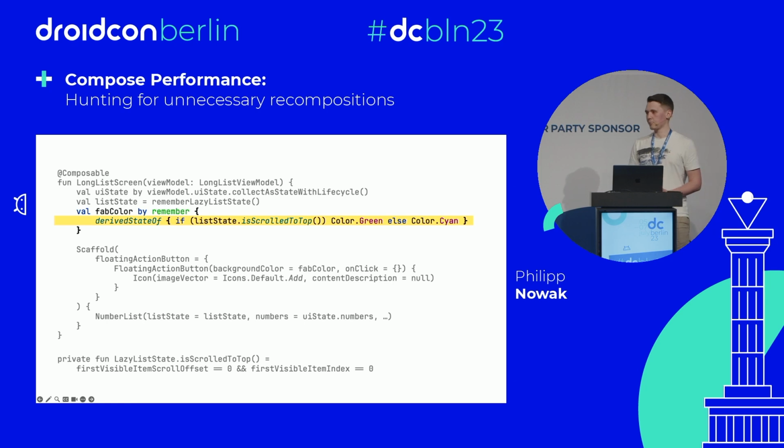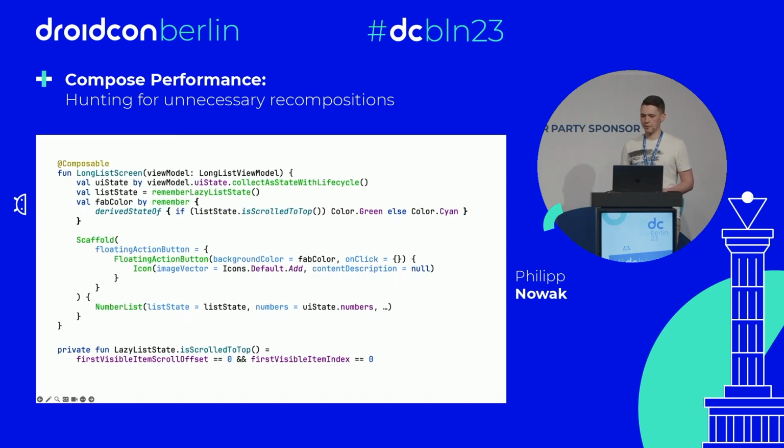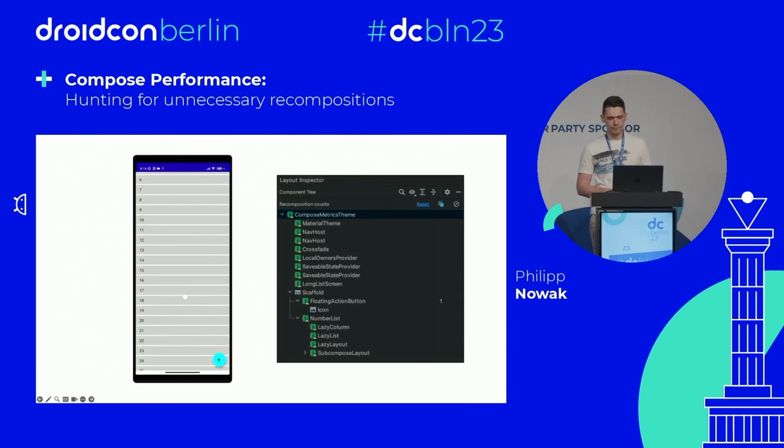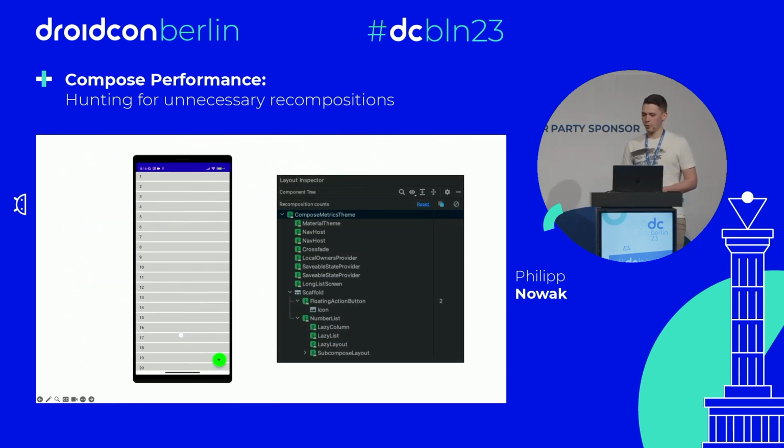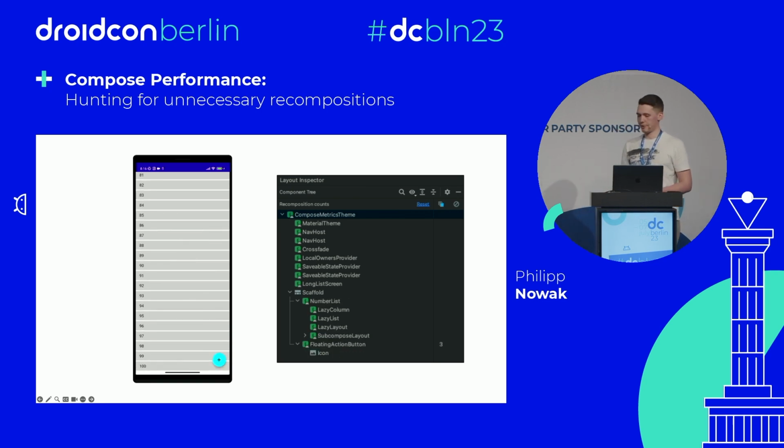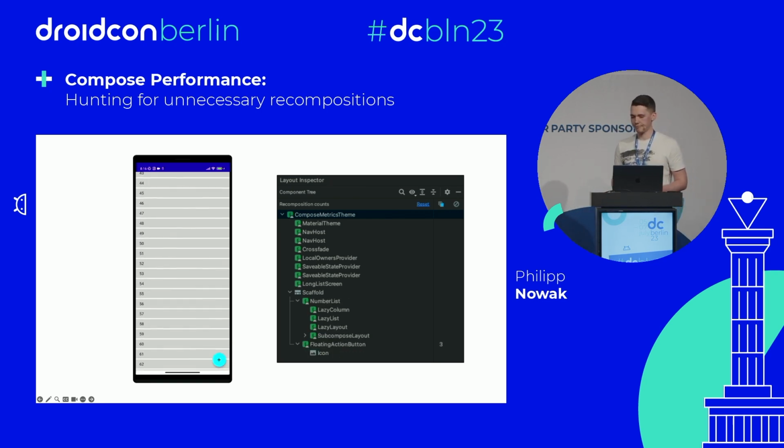So that's exactly what we want, right? Only trigger a recomposition when the background color of our floating action button has to be changed. So with this little fix, let's go back into the layout inspector and see what we achieved. And as you can see, all of the skipped recompositions are gone, and that's it for the first example already. Let's go to the second one.